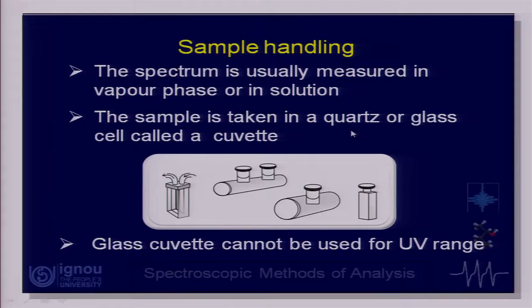So, I cannot use a glass cuvette for making UV measurements. However, for visible range measurement, I can comfortably use a glass cuvette, because glass cuvettes are much cheaper, whereas quartz are terribly expensive. So, one has to make a choice. For routine measurements in the visible range, we can comfortably use glass cuvettes.